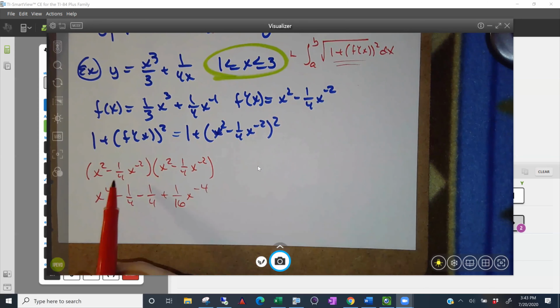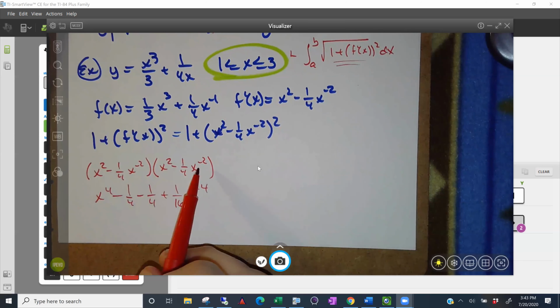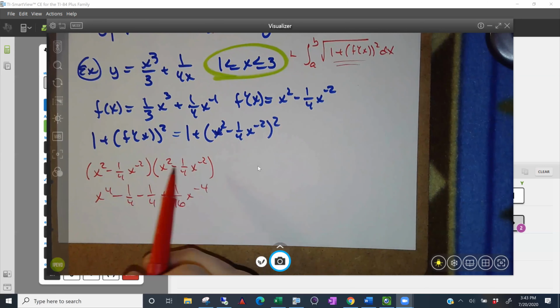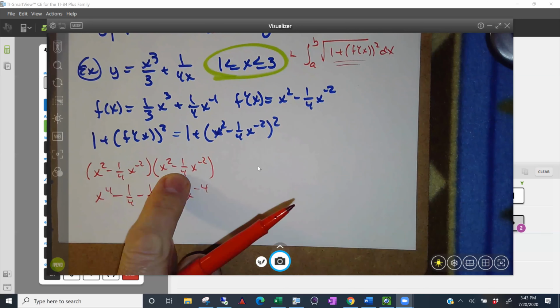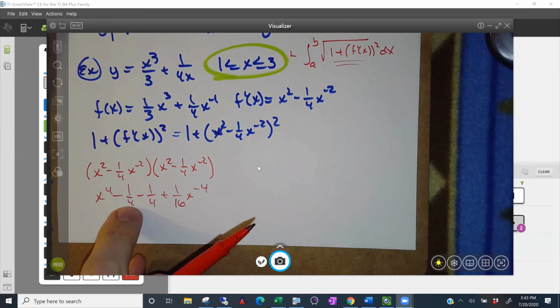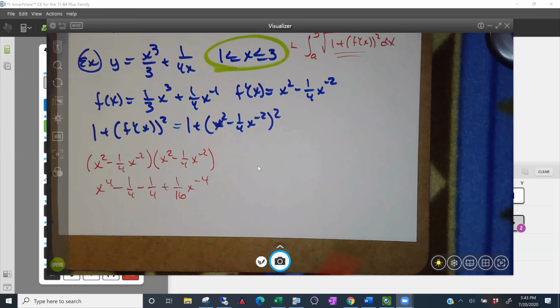Perfect, they cancel. And they cancel because when you multiply this times this, you have 2 plus negative 2, which gives me 0. x to the 0 is going to be 1. So we have a minus 1/4 times 1. Now these two terms in the middle add, gives me x to the fourth minus 1/2 plus 1/16 x to the negative fourth.